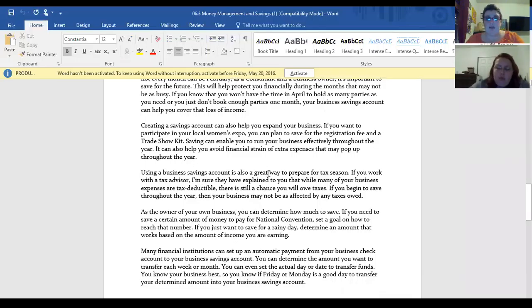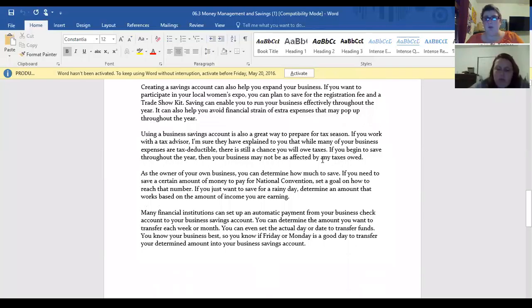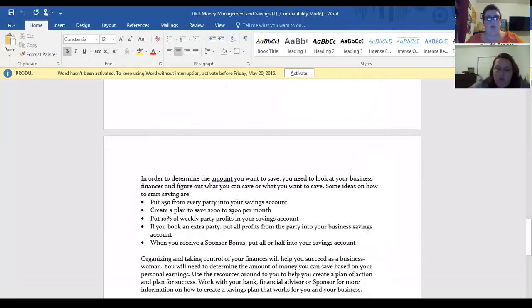Using a business savings account is a great way to prepare for tax season because it's all right there. Everything is broken down for you. You are the owner of your business, so you determine how much you save. You can determine if you want to put back for a 401k, if you want to pay for a certain thing, or if you need a rainy day fund. That's your decision to make.